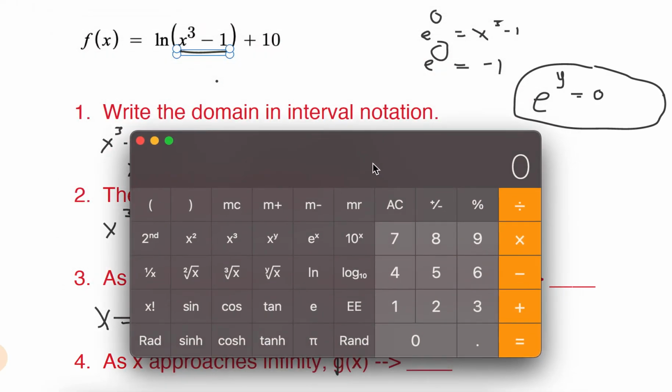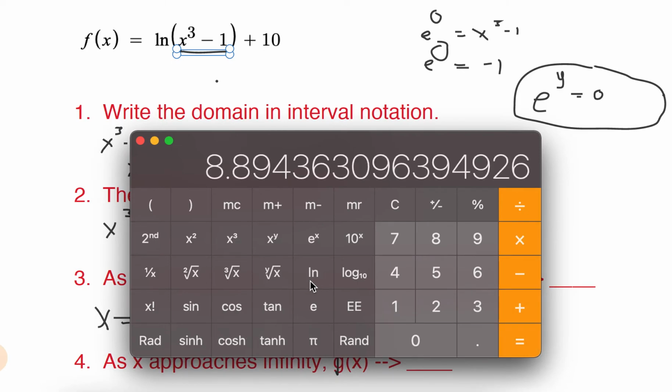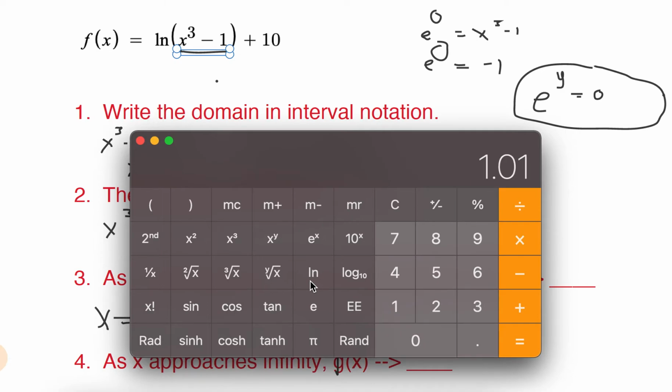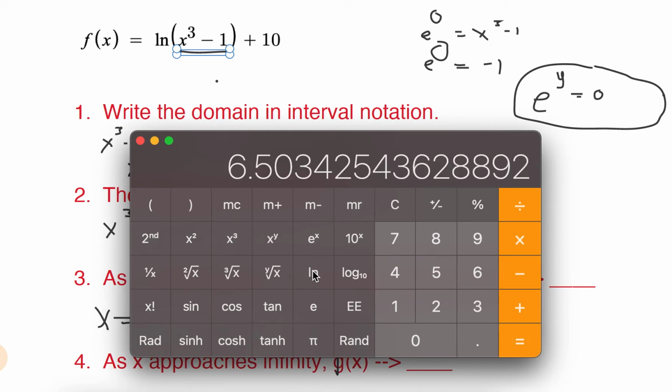If we plug in 1.1, cube it, subtract 1, take a natural log, and then add 10, we get 8.89. Let's plug in something even closer: cube it, subtract 1, take the natural log, add 10. We got smaller, right?